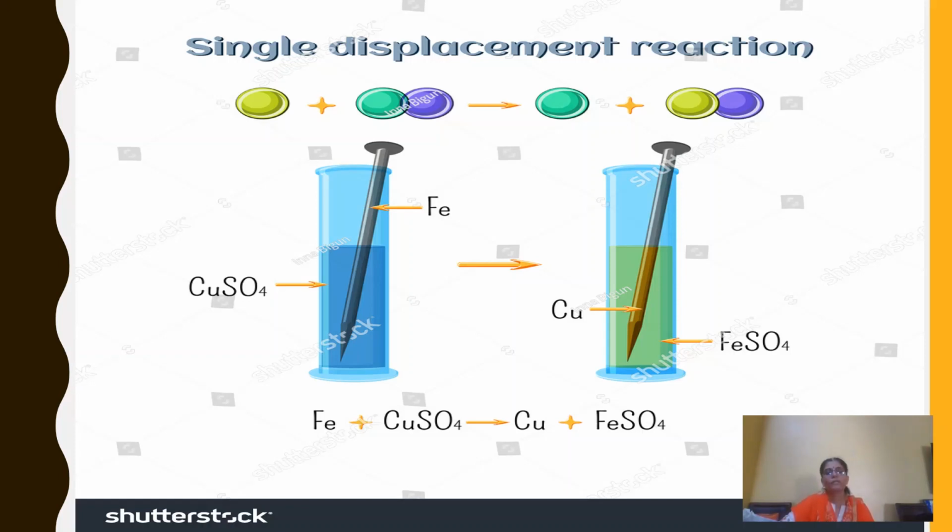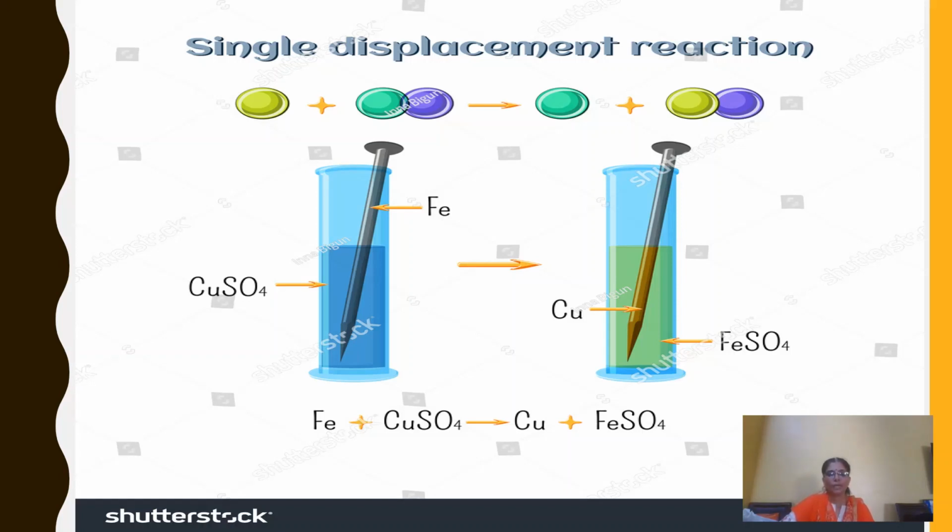After the chemical reaction gets completed, the solution becomes iron sulfate. So we can see the color change in the solution, from bluish to green, and copper which gets displaced by iron gets deposited on the iron nail.